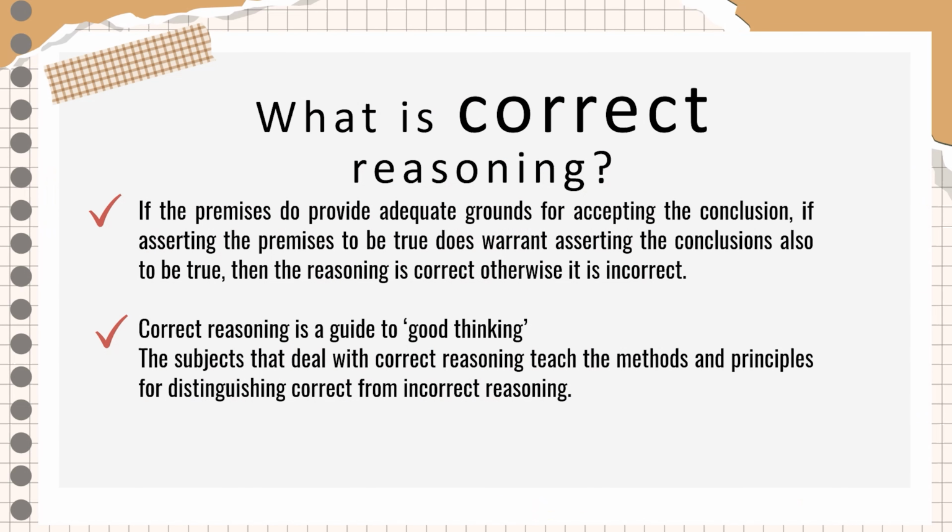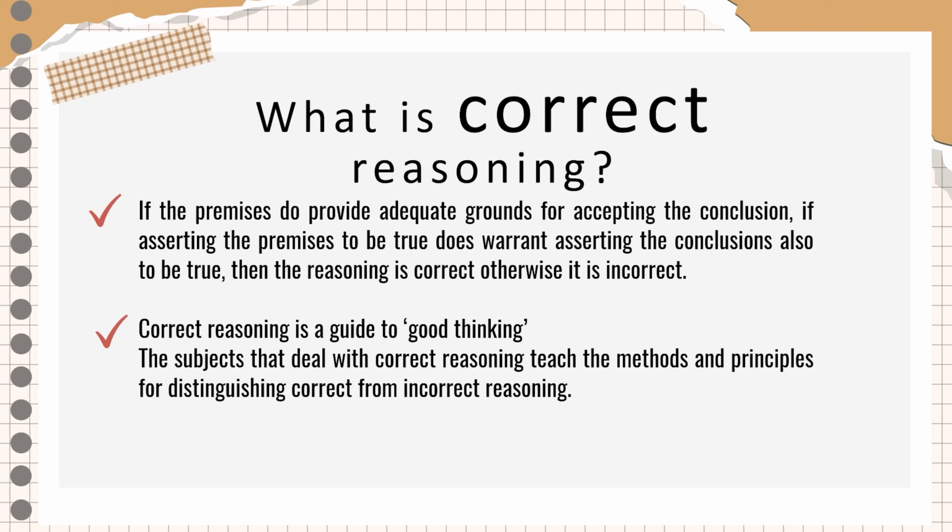So what is correct reasoning? It says here that if the premises do provide adequate grounds for accepting the conclusion, if asserting the premises to be true thus warrant asserting the conclusion also to be true, then the reasoning is correct, otherwise it is incorrect. The validity of reasoning hinges on the relationship between the premises and the conclusion.